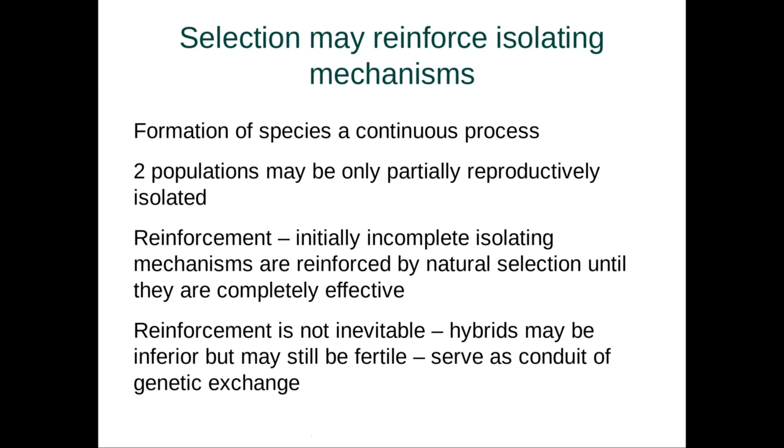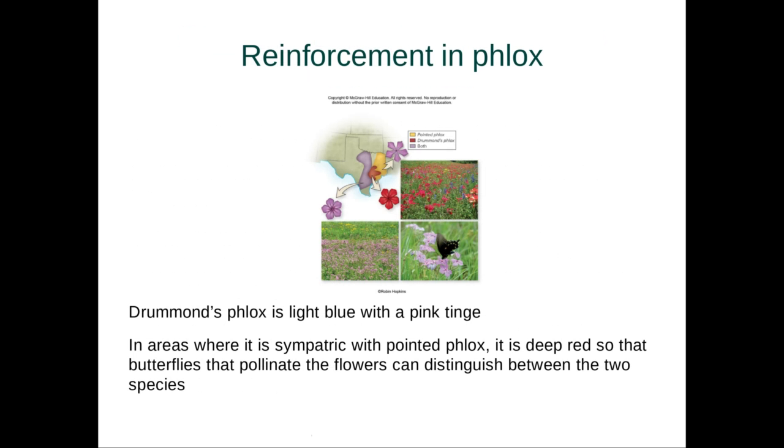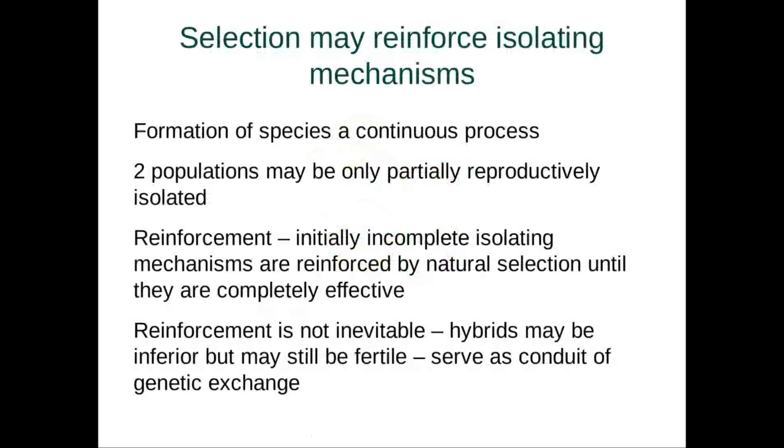However, we can have this process which we call reinforcement, and I have a great example of this in the next slide. But reinforcement we define as being initially incompletely isolating mechanisms that are then reinforced by natural selection until they are completely effective.